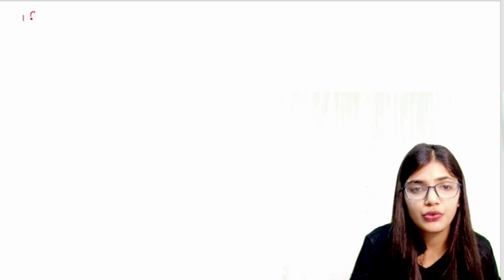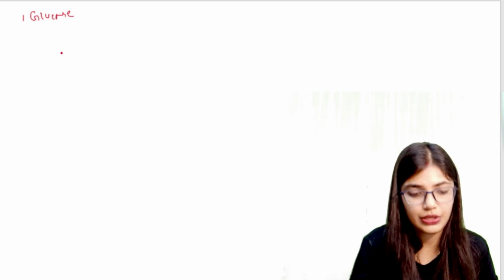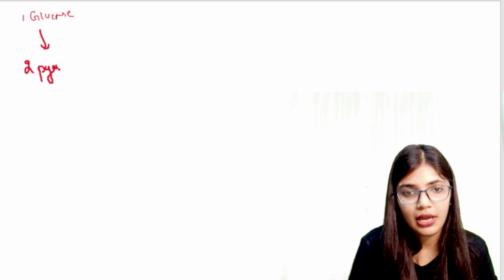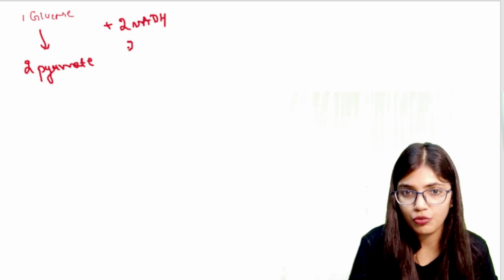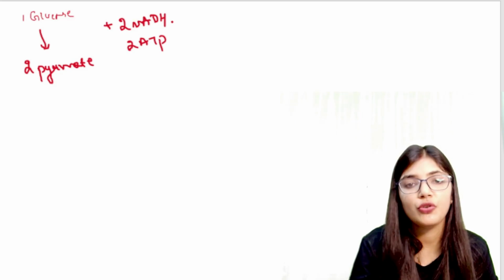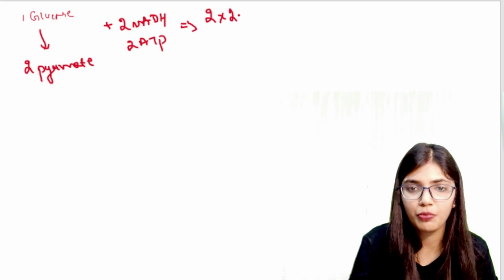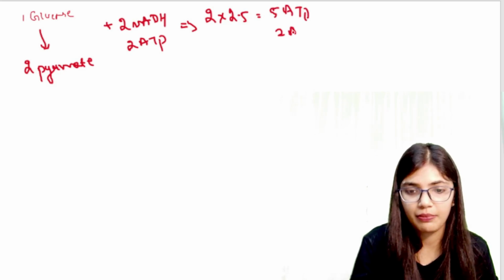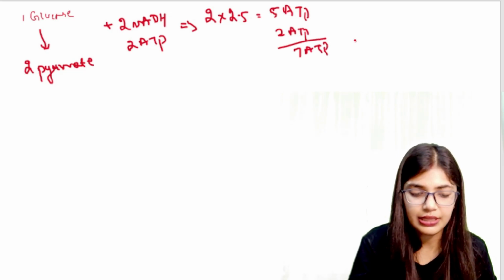When 1 molecule of glucose was used, there was formation of 2 molecules of pyruvate. During this time we got 2 molecules of NADH and 2 molecules of ATP. So 2 into 2.5 is 5 ATP, plus 2 ATP. In total we got 7 ATP in this case.